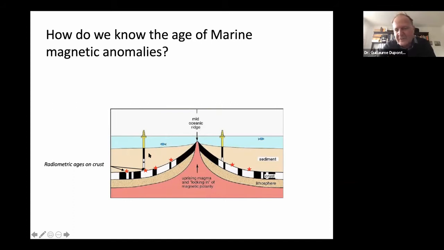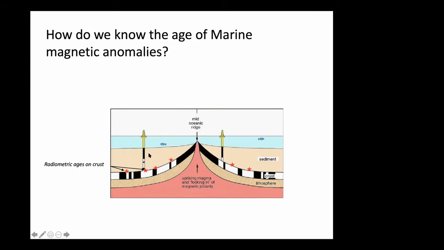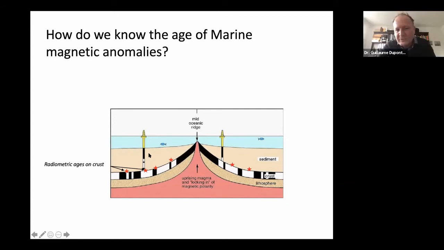So it's actually two different ways to date the reversals, to date the marine magnetic anomalies. One is to collect some rocks here, and this is done by drilling a core through the sediment and then collecting a rock at the base in the basalt. Then the basalt can be dated by radiometric dating.